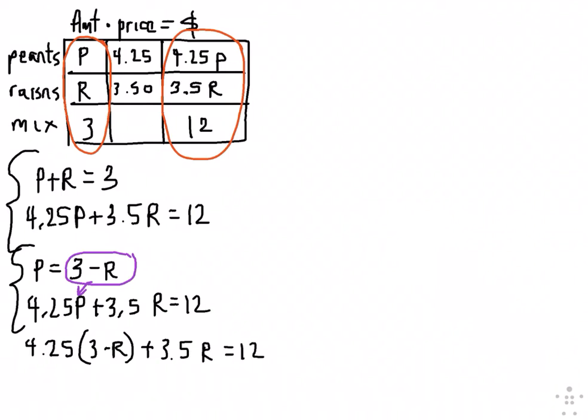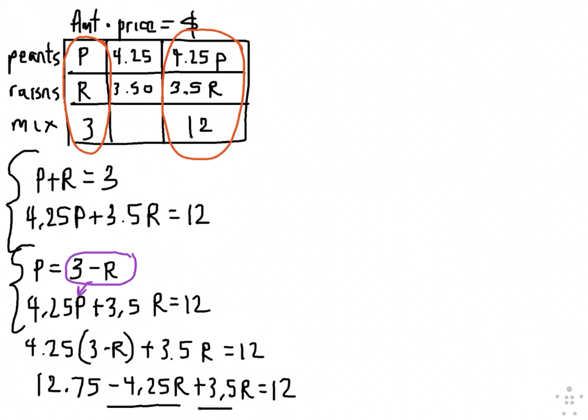So now 4.25 times 3 is 12.75 minus 4.25R plus 3.5R equals 12. So we have like terms, negative 4.25, positive 3.5. So I'll come up here.